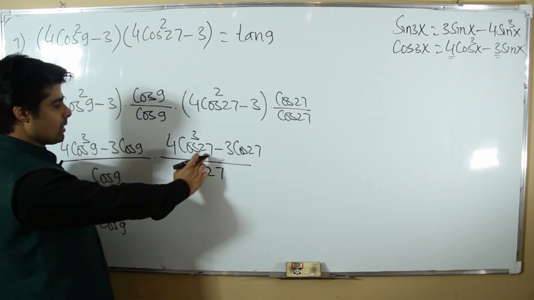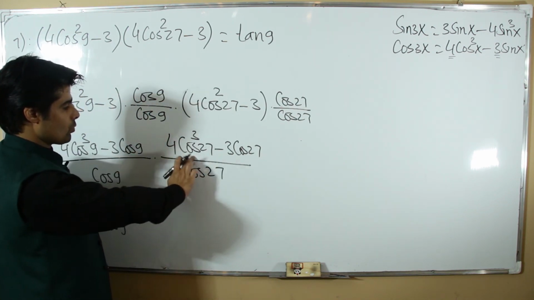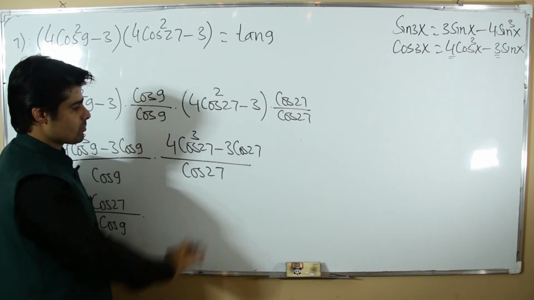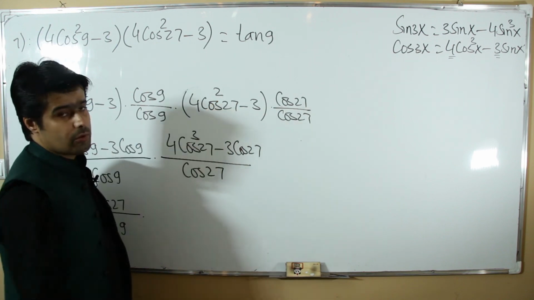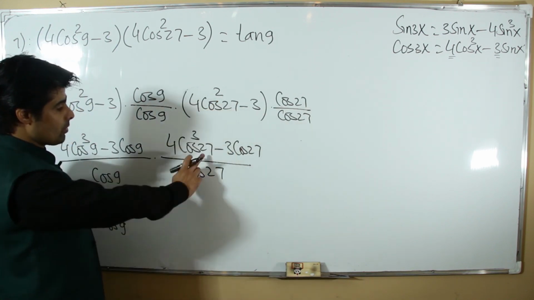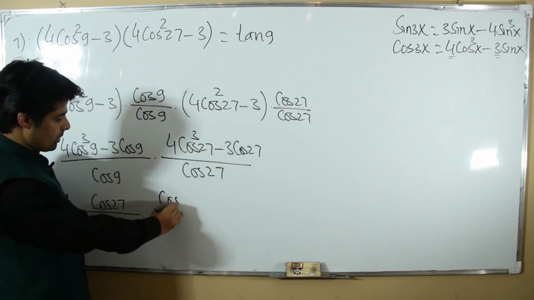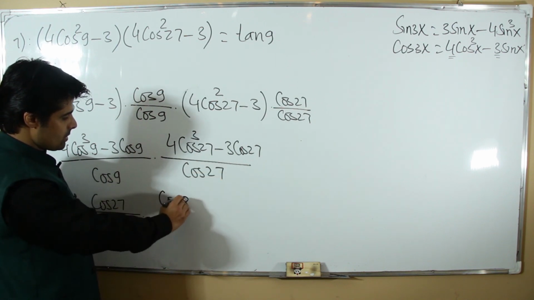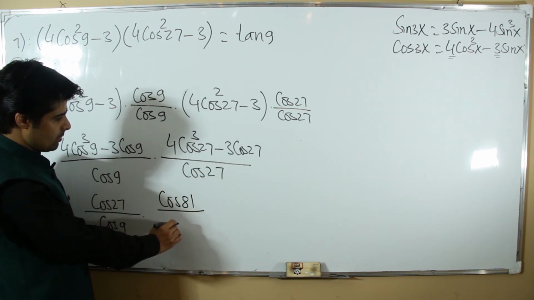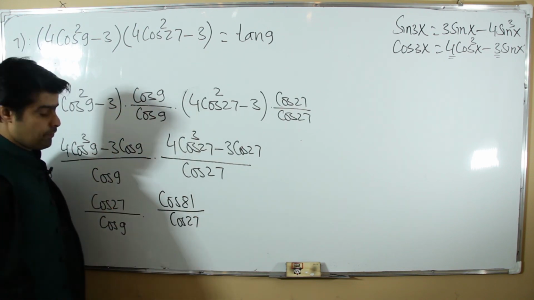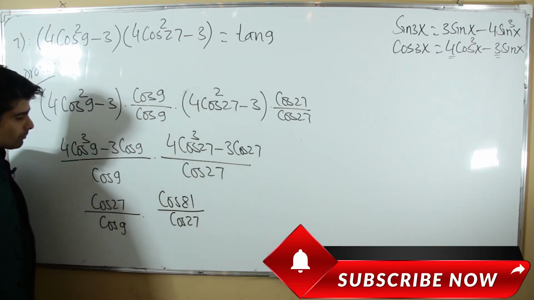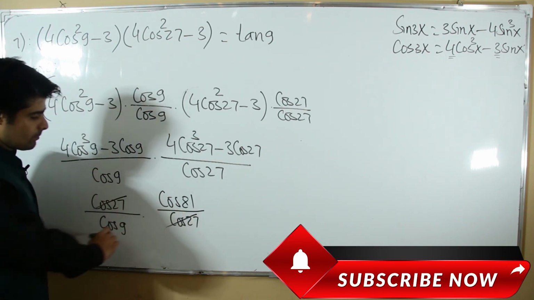Here also, if this one is alpha, 4 cosine cube of alpha minus 3 cosine of alpha, according to that formula, you will have cosine of 3 alpha, which is cosine of 3 times 27, 81, divided by cosine of 27. All of these angles are in degrees. So this is cancelled. Am I right?